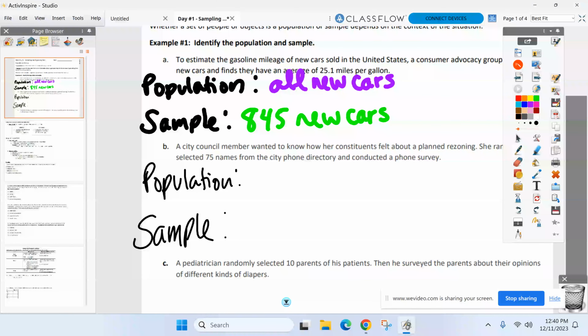Well, you can say the city, you can say the whole city phone directory. That's not going to be possible. Or maybe that is possible, but I don't have the time for that. So I need to do something smaller. And what's my sample now? 75 names from the phone book.